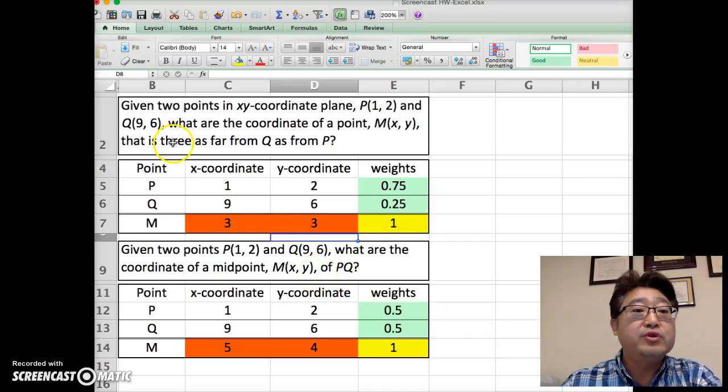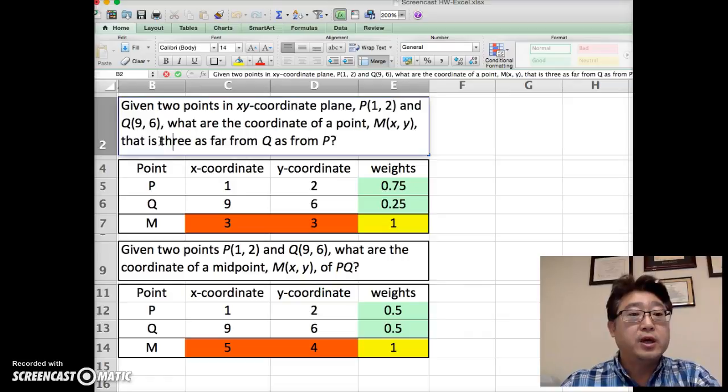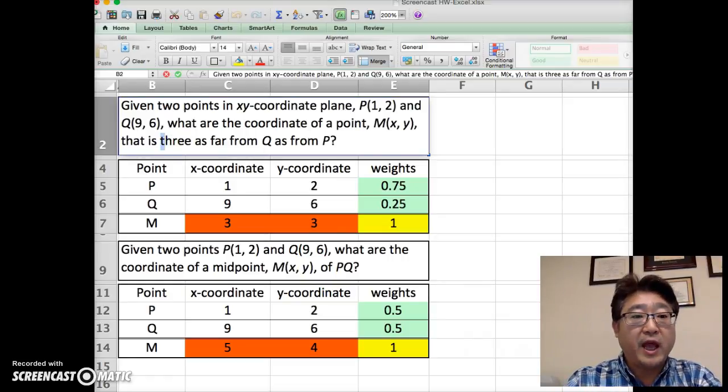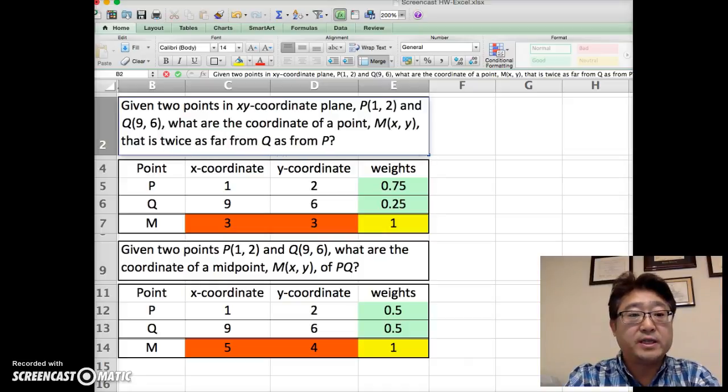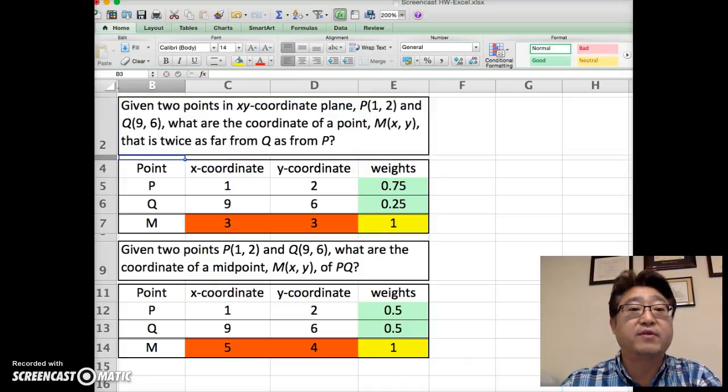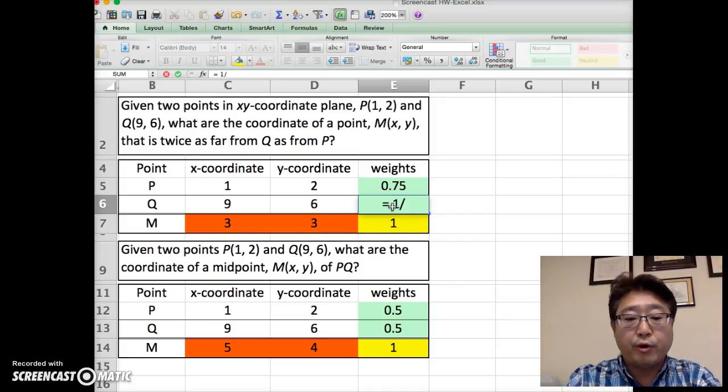Now, what if we change the question like this? We change the problem so that M is not 3 times, but twice as far from Q as from P. Then what you will do is change the weight for Q to be 1/3.